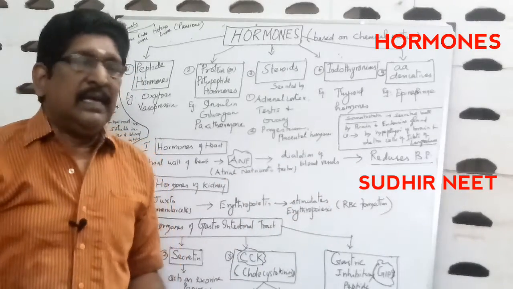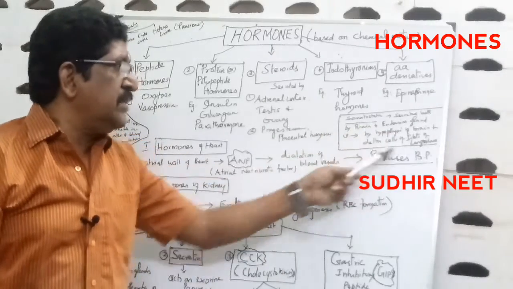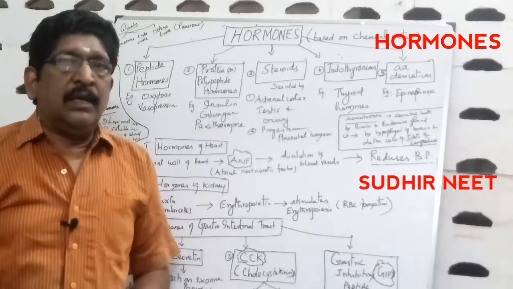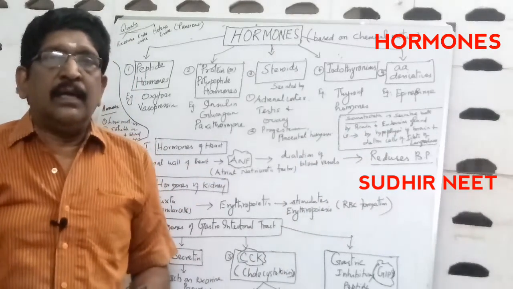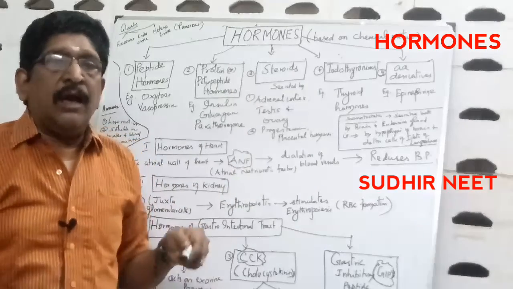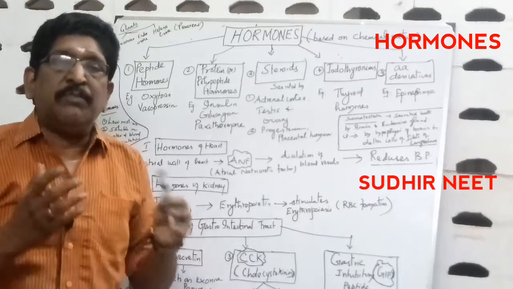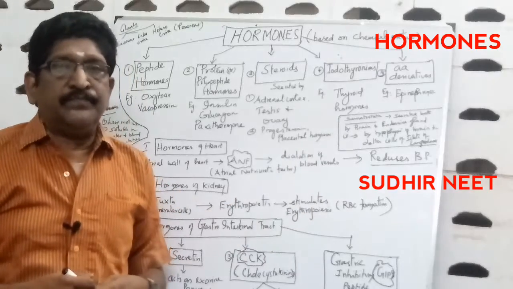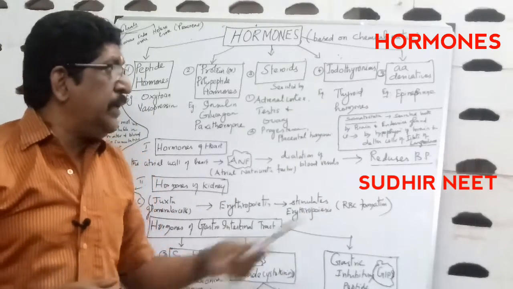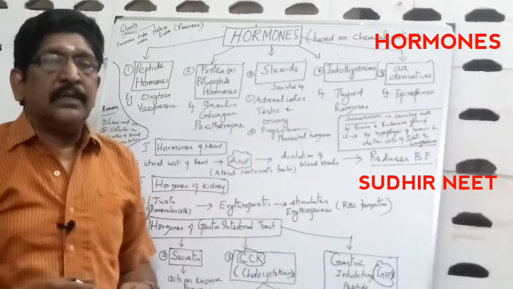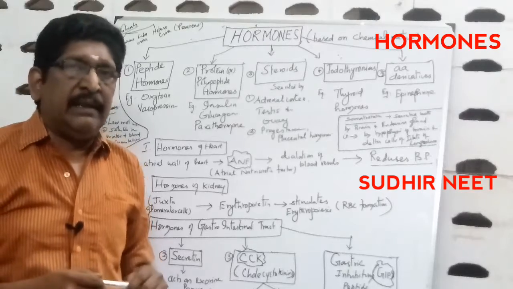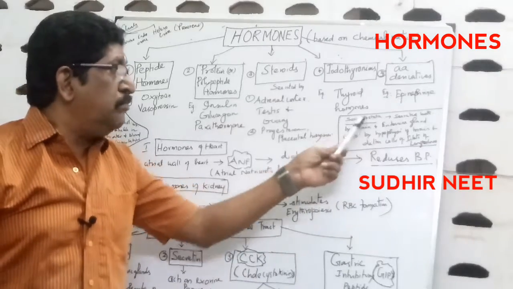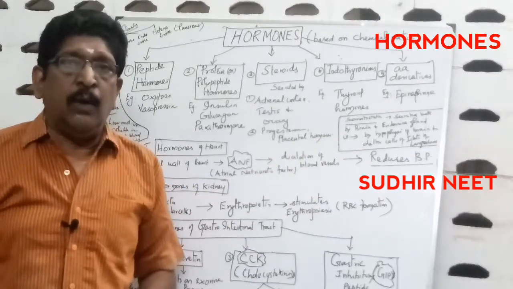It's very important. This question was asked in the NEET once. There are four options. Which one of the following hormones is secreted both by the brain and the endocrine gland? The answer should be somatostatin. The hormone somatostatin is secreted by both brain and endocrine gland. How?